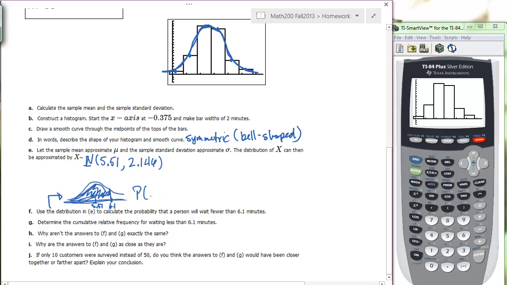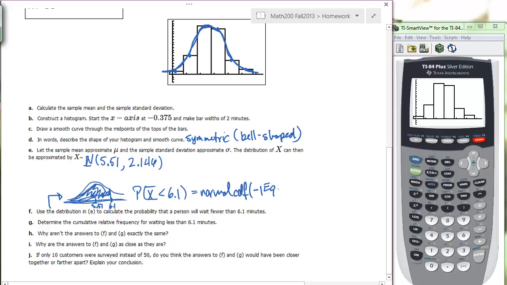Our probability that x is going to be less than 6.1 minutes, and on the calculator we will be using the normal CDF function. Our low is going to be negative, and really you can't wait negative time, but theoretically that's what's really happening.